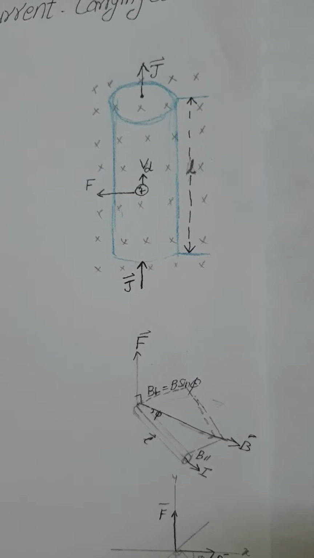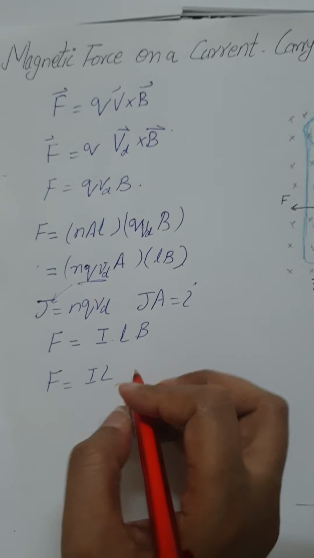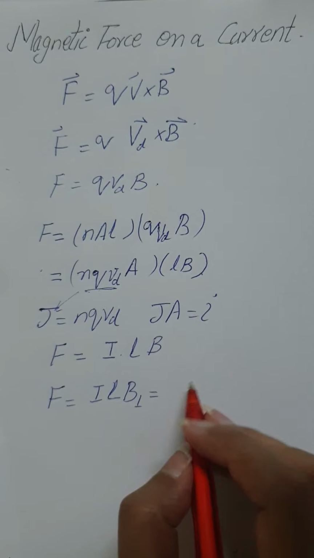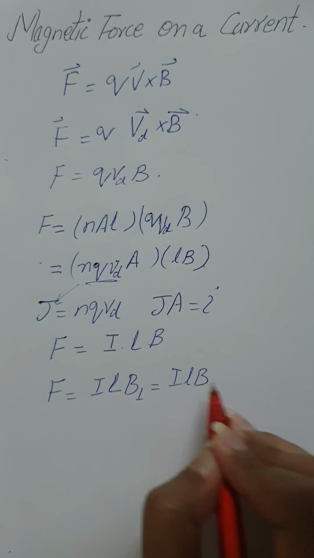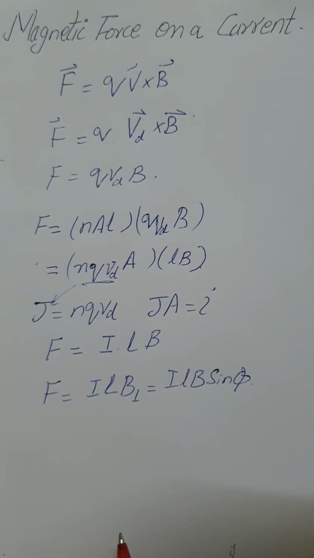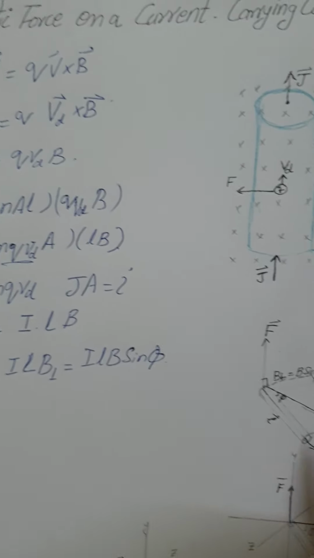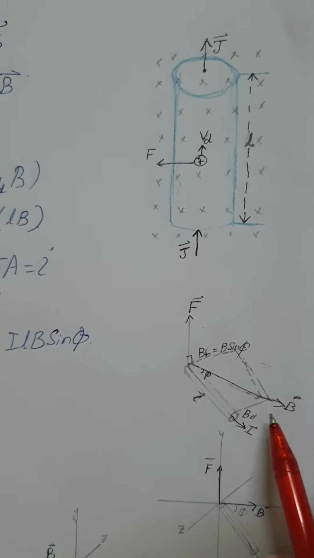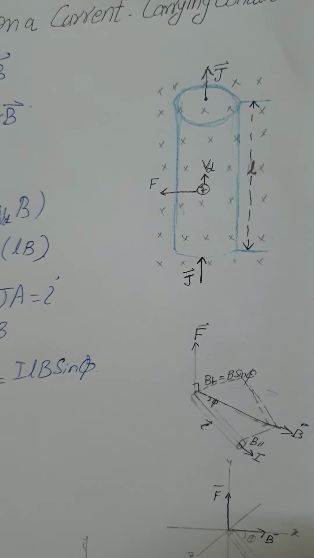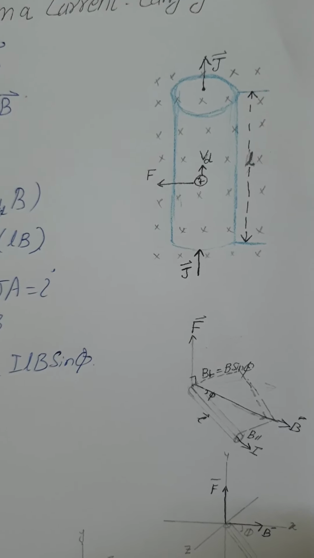The magnetic force on the segment then becomes F equal to I L B sine phi. So the force is always perpendicular to both the conductor and the field, with the direction determined by the same right hand rule we use for a moving positive charge.